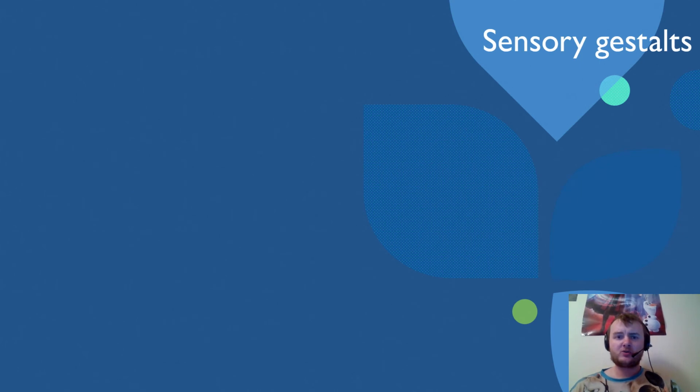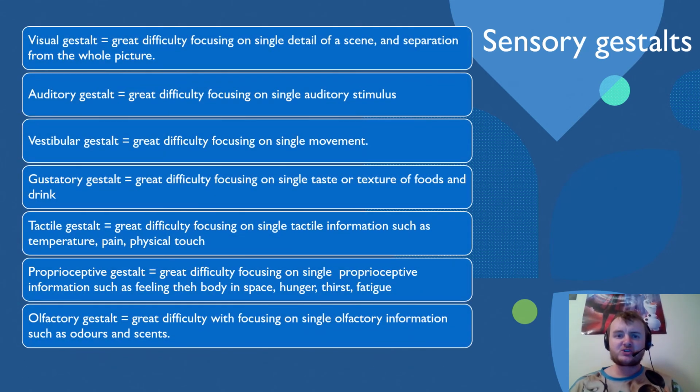I am now going to get a bit technical again and explain some more terms. Gestalt perception can affect the 7 different senses of our bodies. I will briefly explain each one and have a look at some examples. A person with visual gestalt often has a lot of difficulty focusing on a single detail of a visual scene, and finds it nearly impossible to separate it from the whole picture.